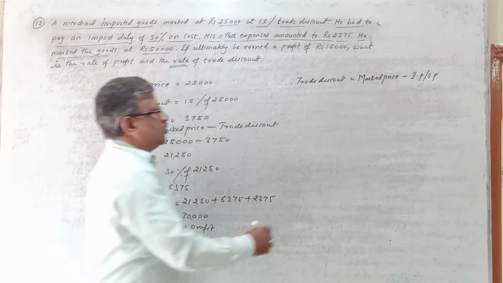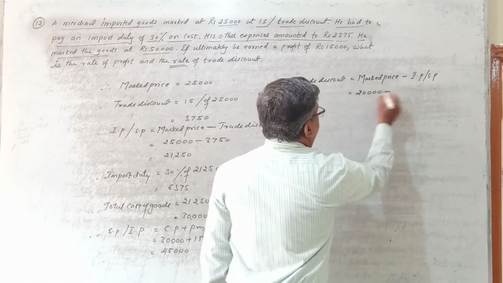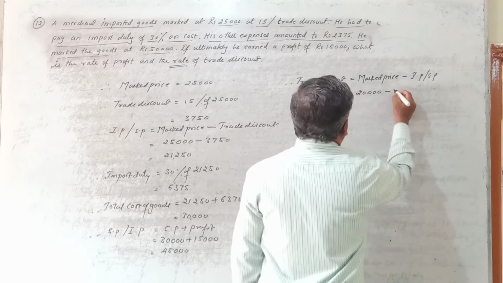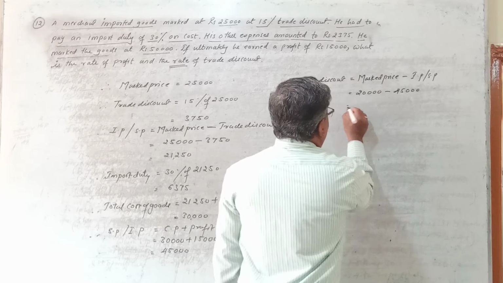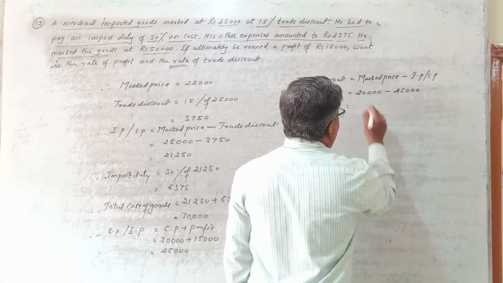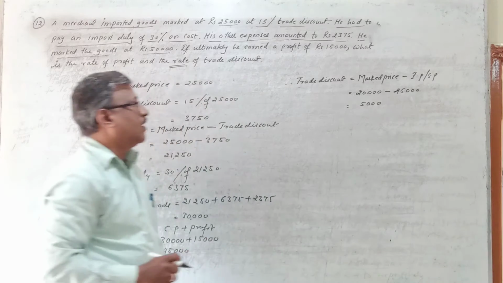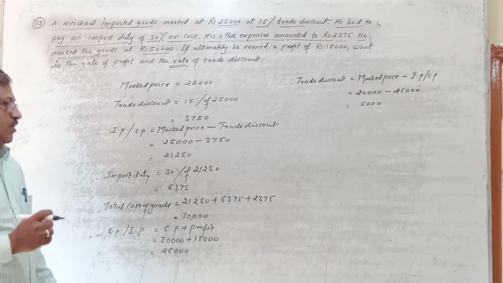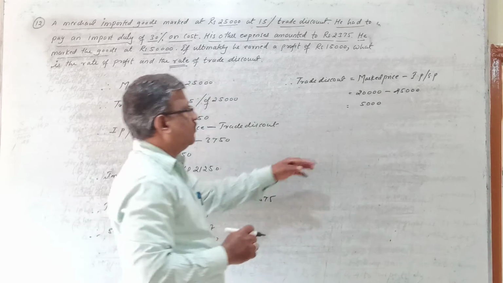Right? So what is the marked price given in the problem? It is 50,000 minus the invoice price or selling price 45,000. The difference comes to 5,000. So whatever 5,000 we have got, this is called the trade discount. So this is how we have to find out the trade discount.